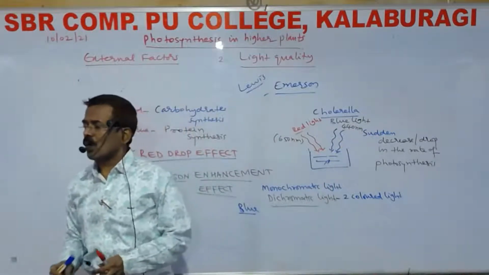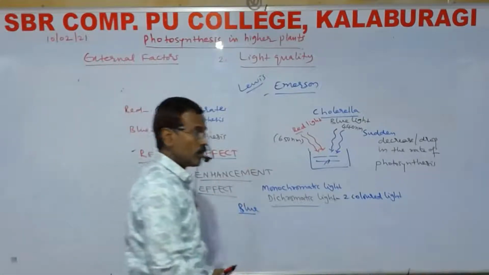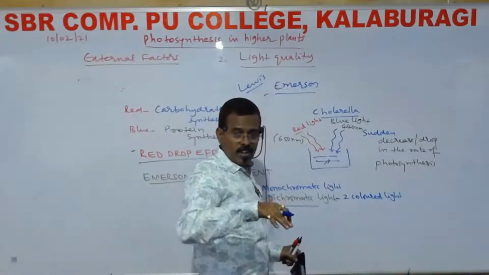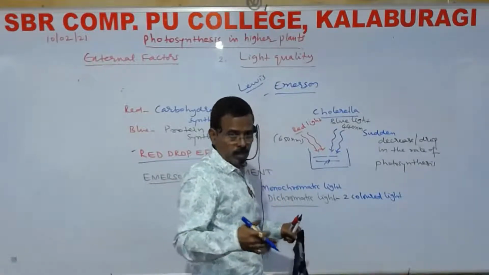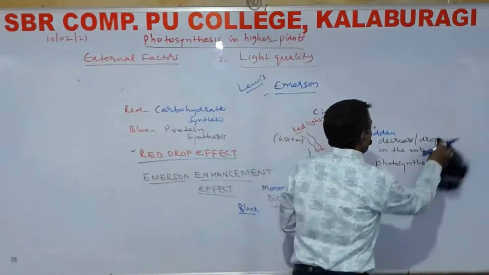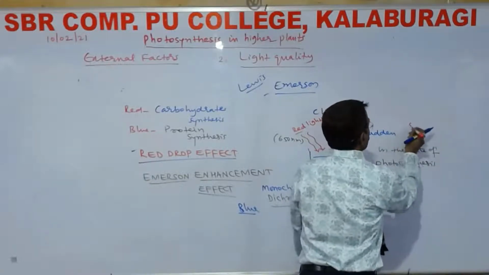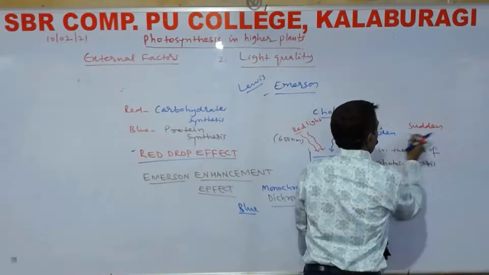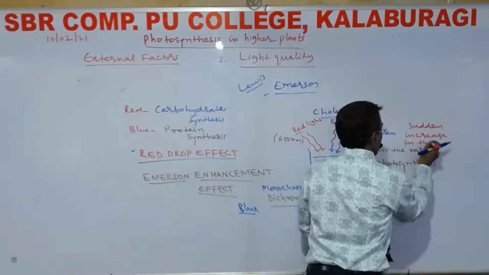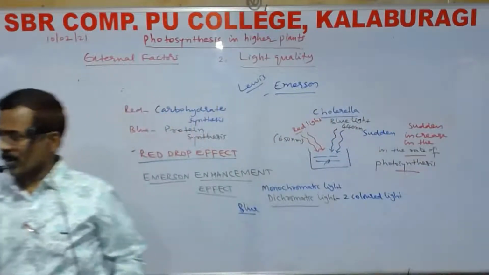When the combination of red light and blue light was exposed onto the chlorella culture, they were surprised. When the combination of red and blue light was incident on the cells of the chlorella, there was a sudden increase in the rate of photosynthesis. There was a drastic increase.